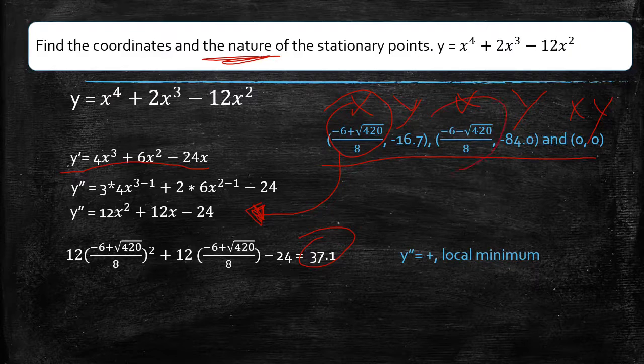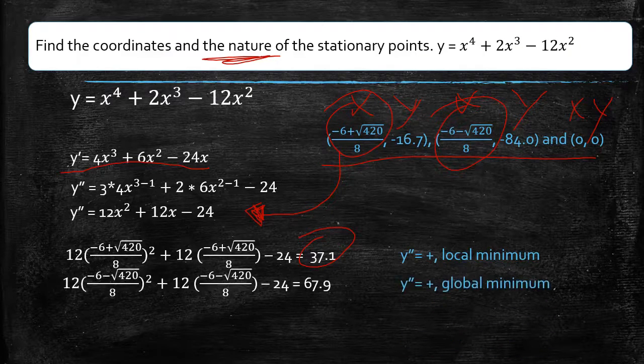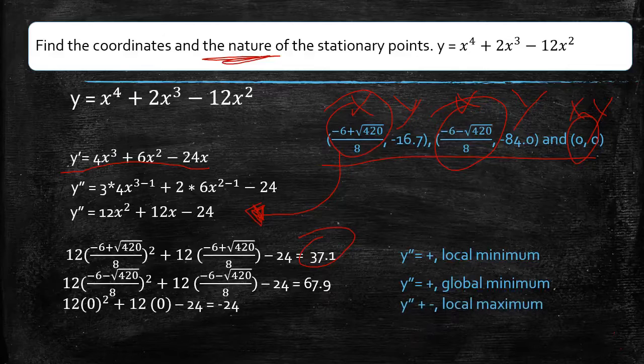Then you're going to do the same thing with your next x coordinate, and you're going to find that the second derivative is also positive for that coordinate. And you're going to do it with your last x coordinate, which is 0. And you're going to find that the second derivative in this case is actually equal to a negative.